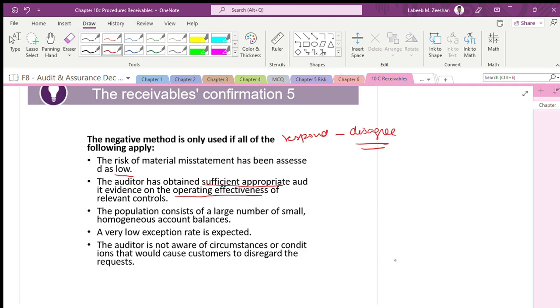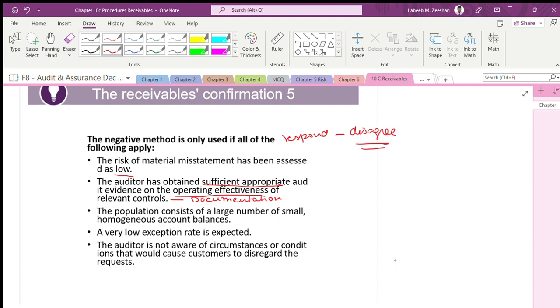Relevant controls with respect to what? It talks about the related documentation. What does that mean? See, there will be disagreements. You cannot expect that there will be complete agreement.